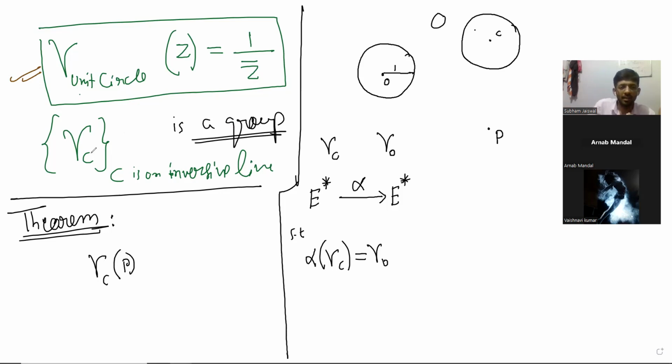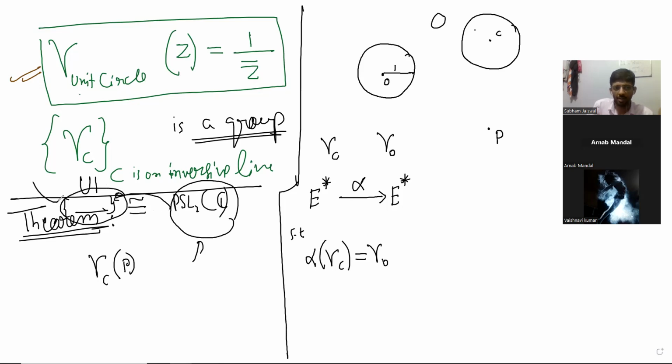Then we will take a subgroup of this, generated by the product of two things. That subgroup we will show is isomorphic with PSL2C. Then we will prove that this subgroup is simple by looking at its group action.